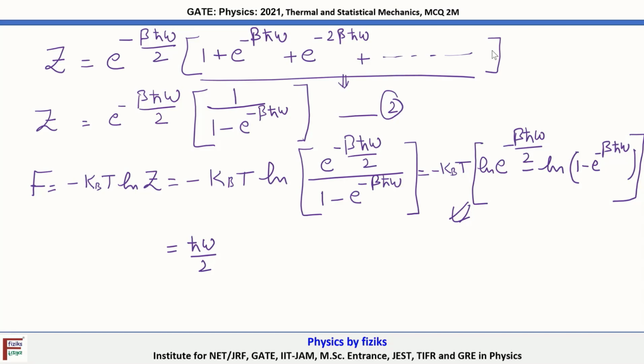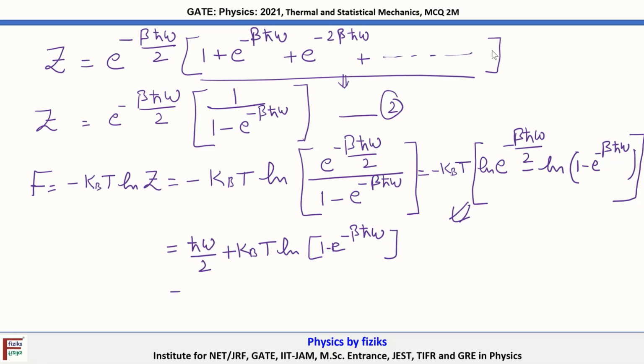k_B T ln 1 minus exponential minus beta h cut omega.